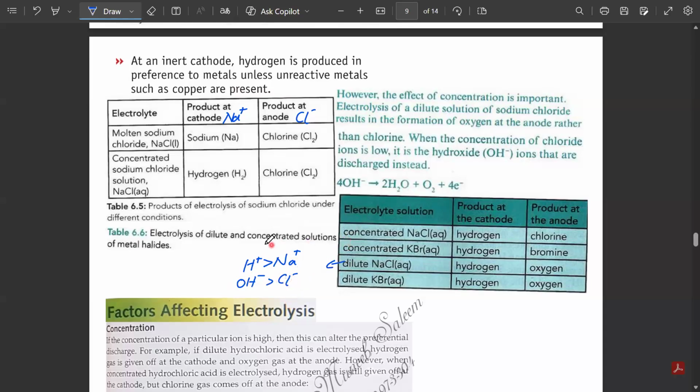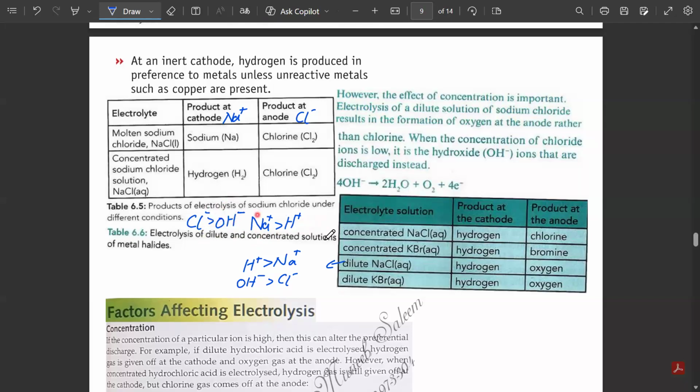And when we had the concentrated form, concentrated would have more Na ions as compared to the hydrogen ions, and more chloride ions as compared to the hydroxide ions. Cl minus were greater in amount than hydroxide ions.